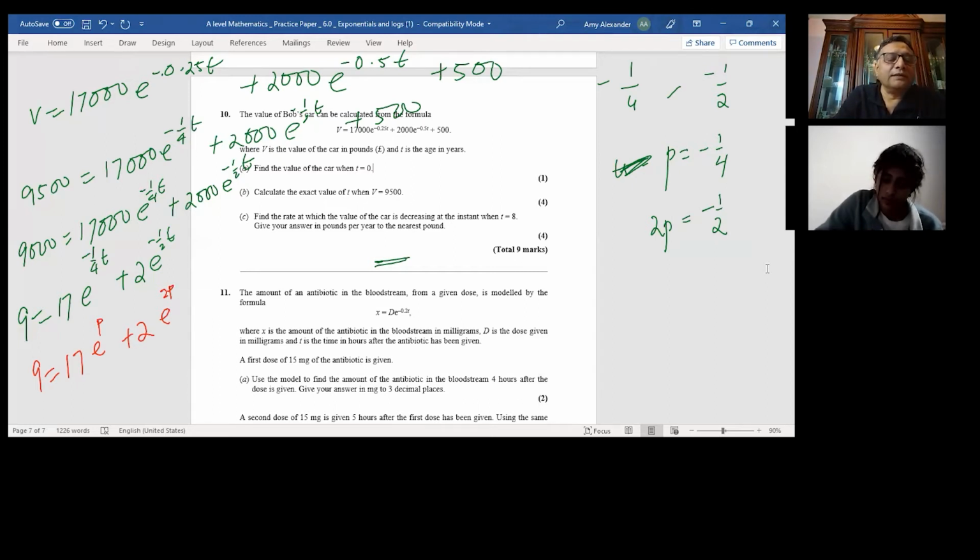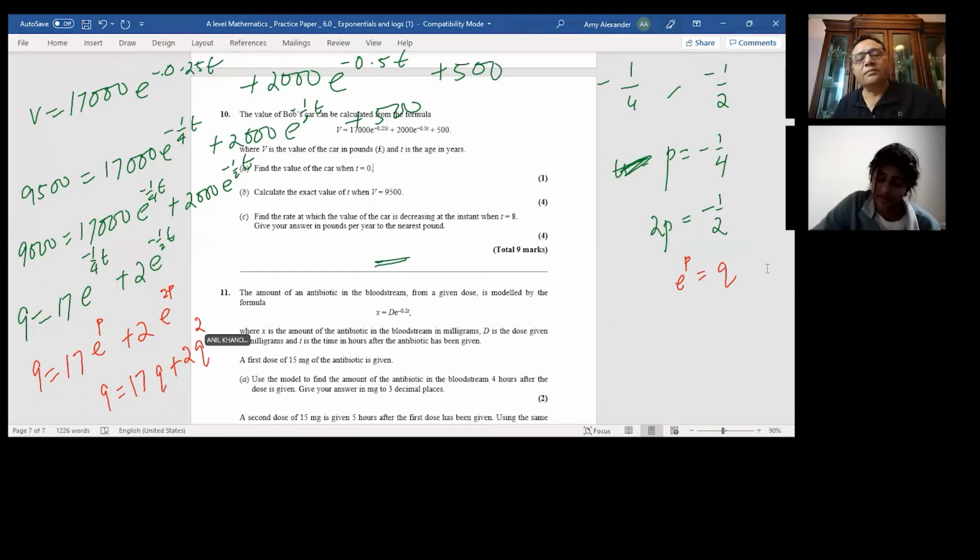Correct? So now I'm saying that e to the power of p, let this be equal to q. Okay. Slightly tricky, just bear with me. So 17q plus 2q squared. Do you see that? So it is 2p, so it becomes q squared. Right, right. Now it is a quadratic equation.